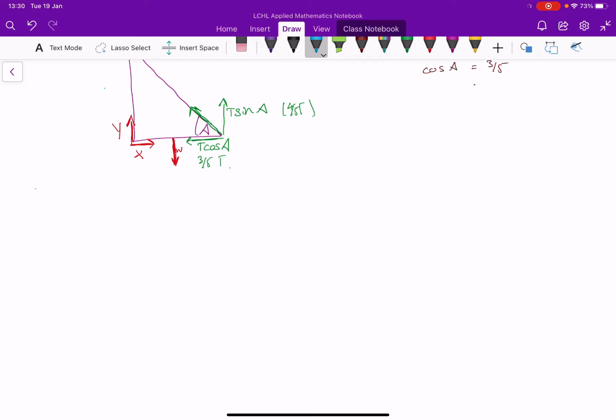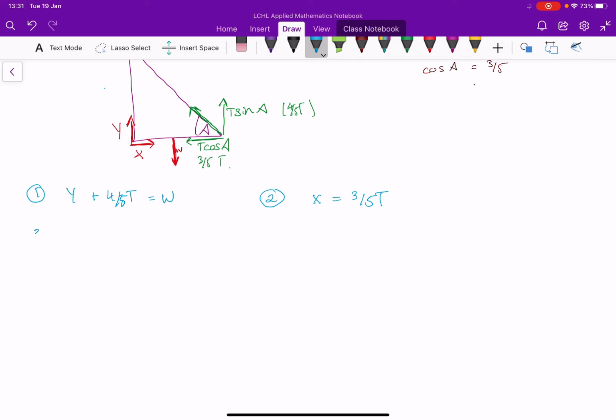So Y plus 4 over 5T, that's going up, equals my downward force, which is W. Then X is equal to 3 over 5T. I keep getting that number wrong.